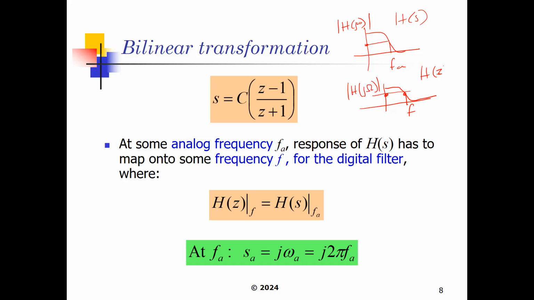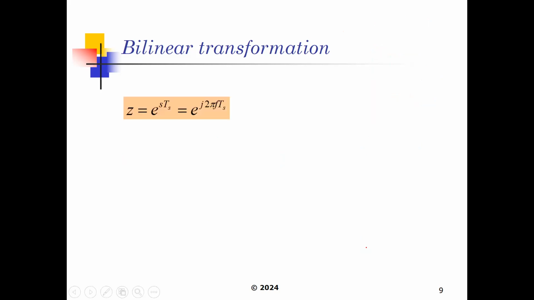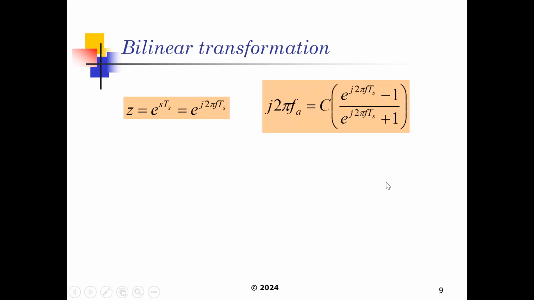So let's go back here now. At fa, which is this one in the analog domain, s a is equal to j omega a, which is j 2 pi fa. That is straightforward. z is equal to e to the s Ts, which is e to the j 2 pi f Ts, or 2 pi f over Fs.